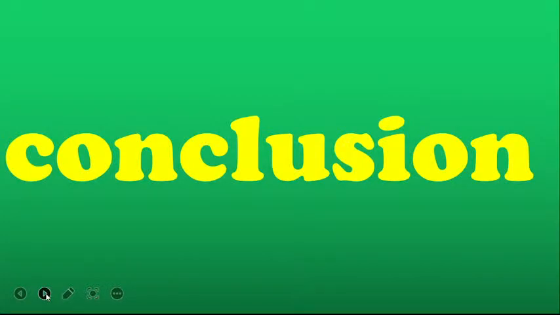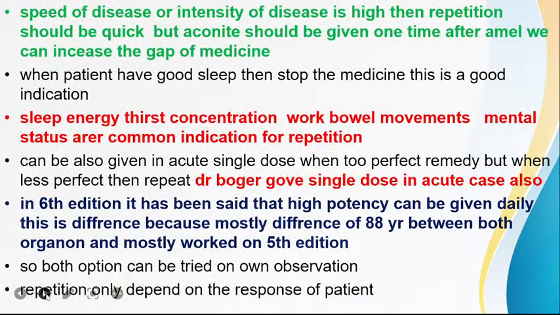We have talked about different doctors, very great homeopaths. Now, the conclusion has some tentative points in the repetition field: if the speed of disease is very high, then repetition should be very quick.